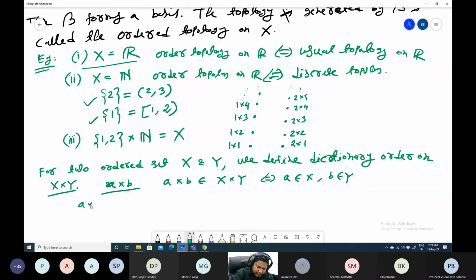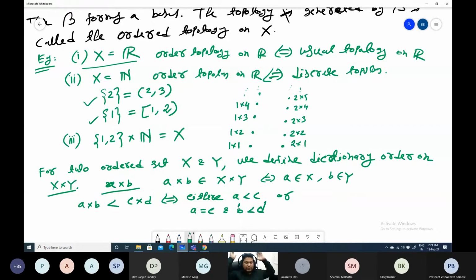Now A cross B less than C cross D, we define in this way: either A less than C, or A equal to C and B less than D. So it is called dictionary order because we first compare the first terms, A and C. If A is less than C, then we say A cross B is less than C cross D. And if the first terms are equal, then we move to the second term, to see whether the second terms are equal or not.